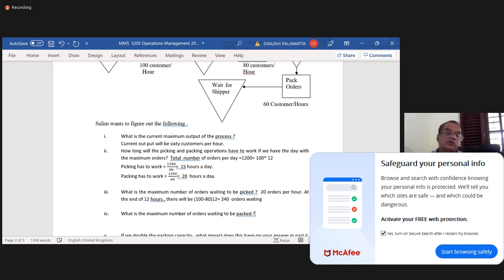Again, that too is 20 orders per hour. And then at the end of the day, there will be 600 orders completed.